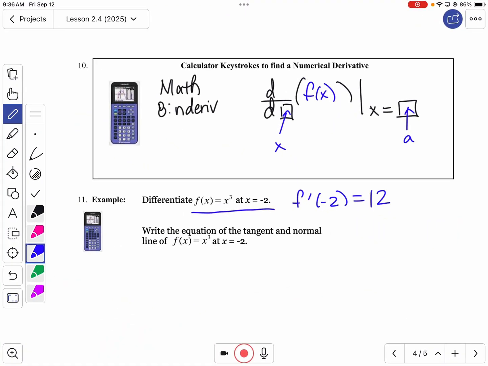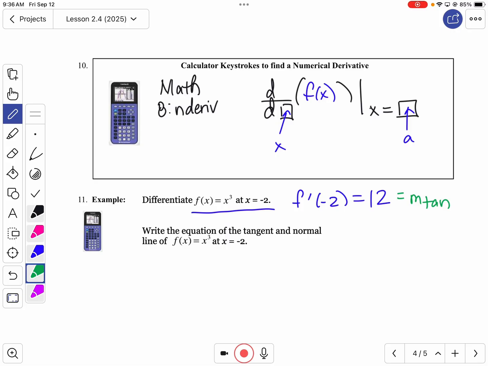I love that, especially when I have a gross function like x squared plus 27 over 4x to the 5th minus 5, and nobody wants to do that. But notice how they extend the problem. It says to write the equation of the tangent and the normal line of f of x at x equals -2. So remember, this derivative is the slope of my tangent. That's what we talked about yesterday.